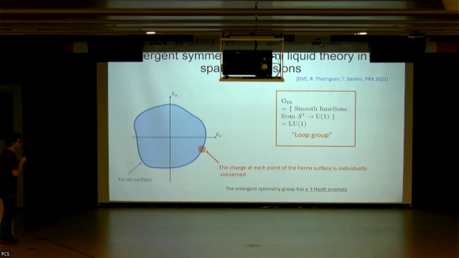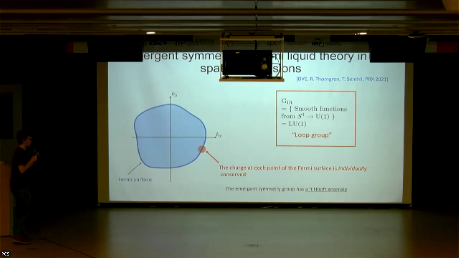There's one conserved quantity for each point on the Fermi surface, and there are infinitely many points. Another way to say it is that the emergent symmetry group is infinite dimensional, an infinite dimensional Lie group. If you try to be very precise about what the group is, it's this thing called the loop group, which is the group of smooth functions from the circle into U1. But it just reflects the fact that the charge at each point of the Fermi surface is conserved.